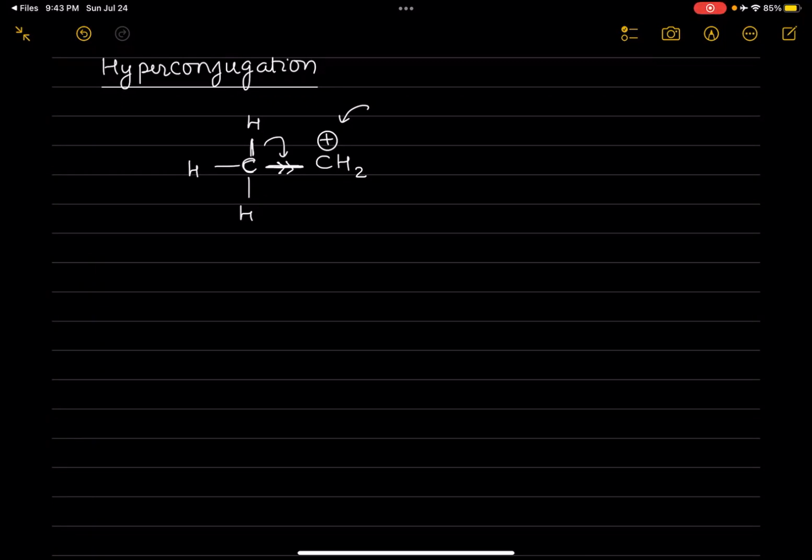In order to show this, I will take these C-H electrons towards the plus charge. The electrons which were between carbon and hydrogen are taken by the plus charge. But it is not permanent.